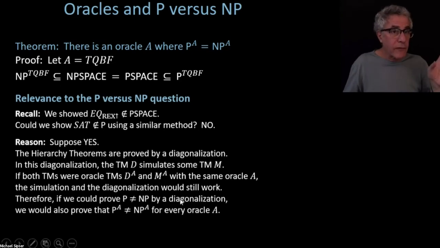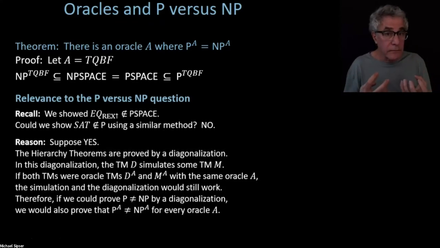So if you can prove P different from NP by a diagonalization, that would also immediately prove that P is different from NP for every oracle, because the argument is transparent to the oracle. If you just put the oracle down, everything still works. But here is the big but.